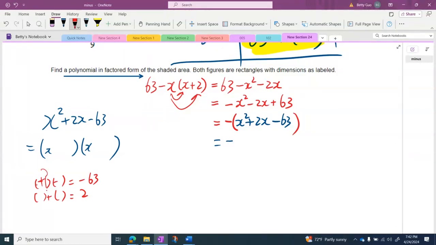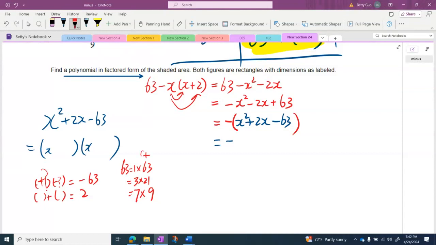And the positive number has the bigger absolute value. The negative number has the smaller absolute value. So let's try, 63 is 1 times 63. 2 doesn't work. 3 times 21. 4 doesn't work. All the even numbers don't work because 63 is odd. 5 doesn't work. 7 times 9.